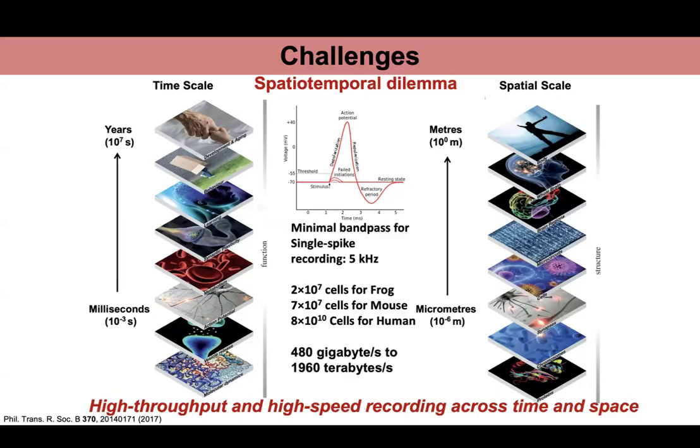As a direct comparison, the 720p movie that we watch on YouTube is only about 2.5 megabytes per second. So there's still a huge gap between what we can do now and what we need to do.